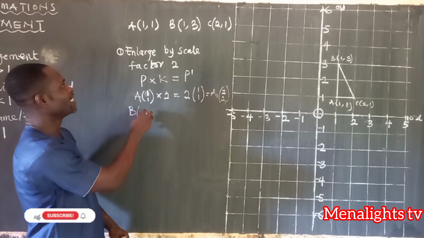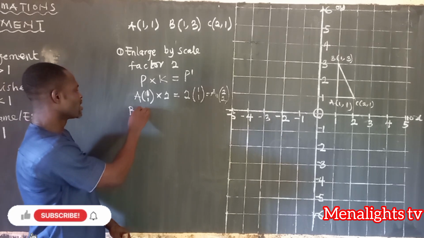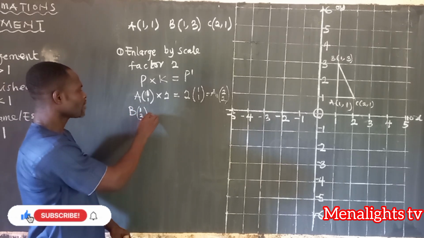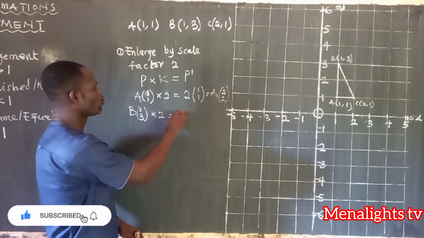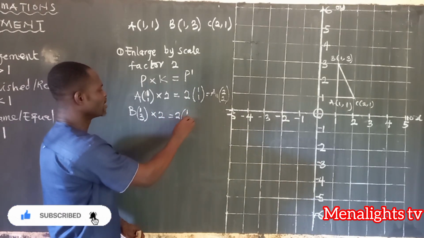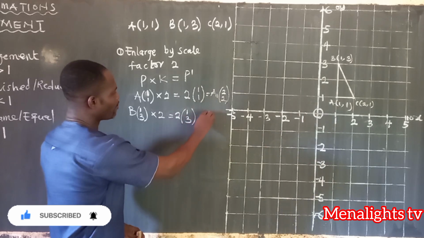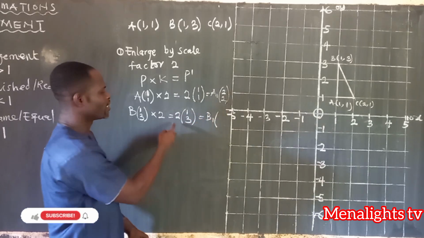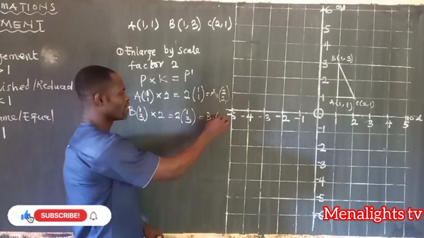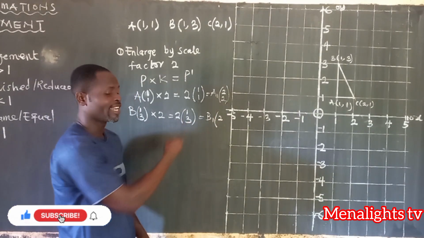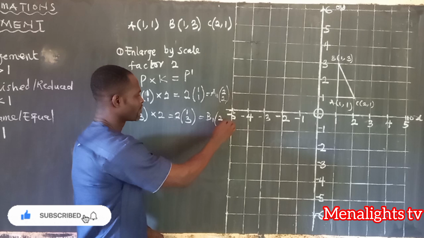Now let's take B. Our B is (1, 3) times the scale factor 2. So it becomes 2 multiplying 1 and 3. Our B1: 2 times 1 gives us 2, and then 2 times 3 gives us 6.